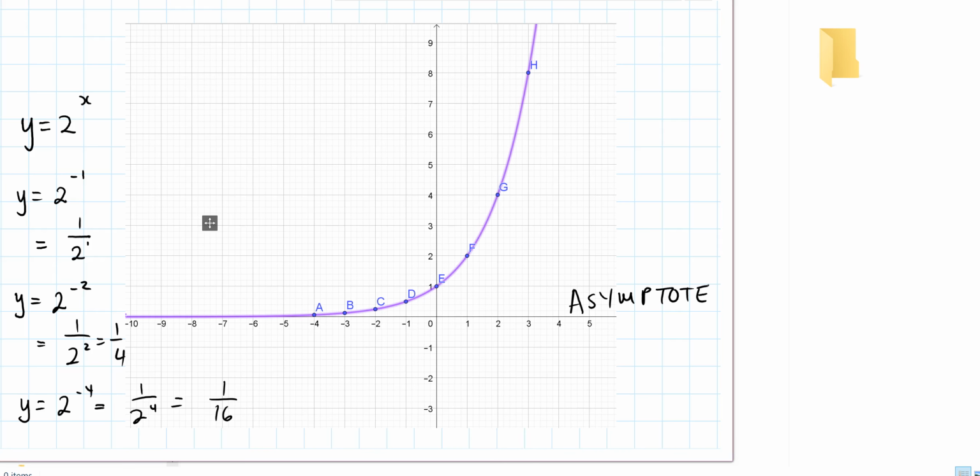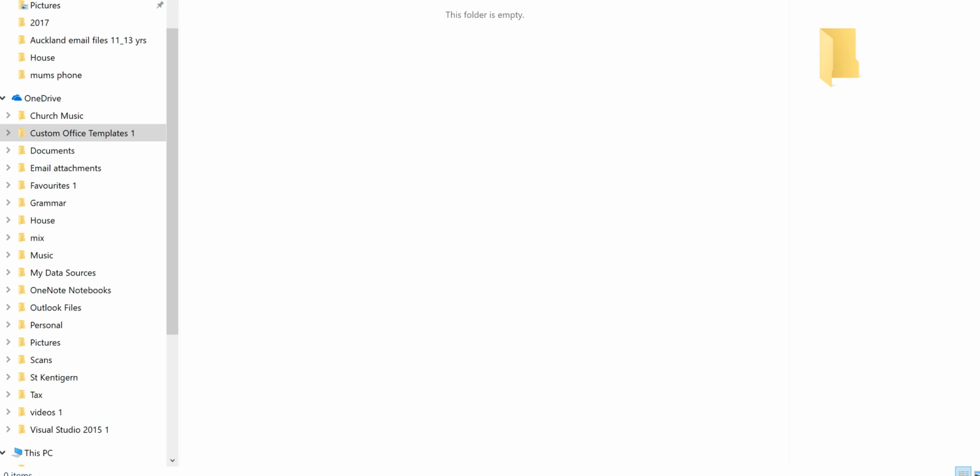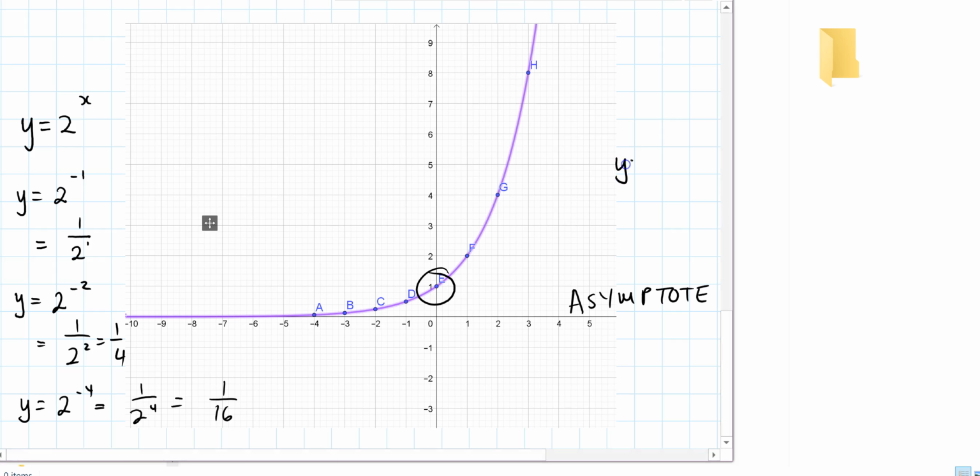The other important thing that we have here with this particular value is this point over here. And this is a key thing about all exponential graphs, and that is they will all pass through the point 1 on the y-axis, no matter what the base. If I've got y is equal to 3 to the power x, and x is equal to 0, I'm going to have y is equal to 3 to the 0, and 3 to the 0 is 1.